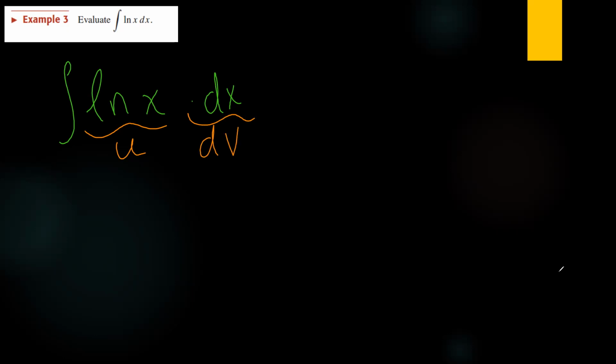So here, integration of ln x dx, I will assume that ln of x is u and dx is dv. If there's nothing here beside the u, assume that dx is dv. Then, if u is ln of x, so du will be, what's the derivative of ln? 1 over x.